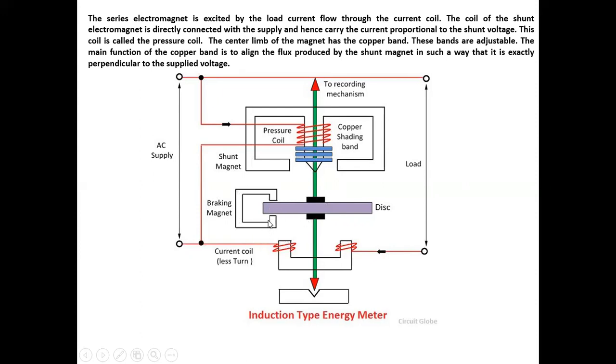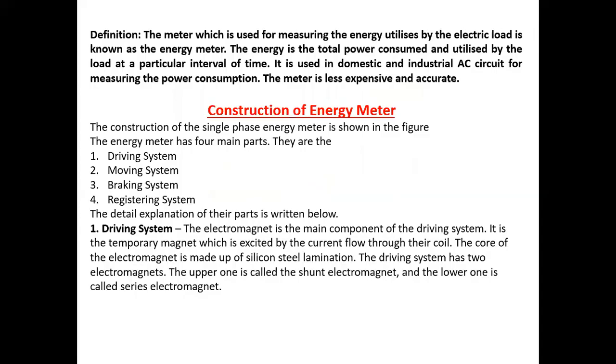And there is a braking magnet, the C-type magnet, which is used to brake or limit the torque produced in the disc. This torque is produced due to the interaction between the two magnetic fields of the current coil and pressure coil. Now we will discuss the construction of the energy meter one by one.